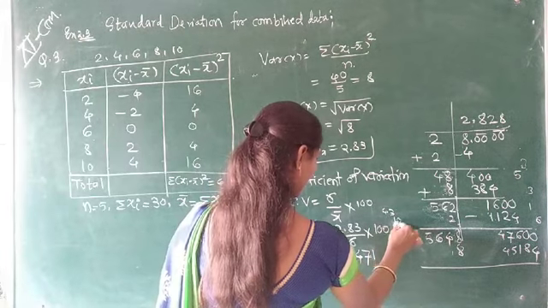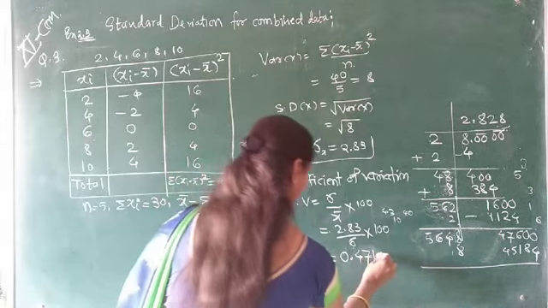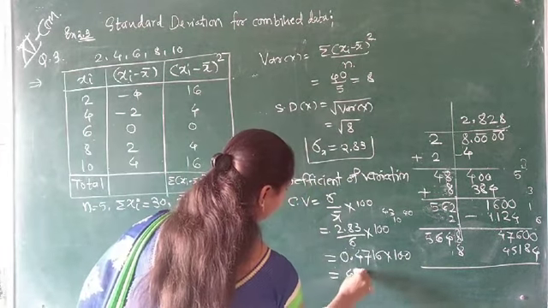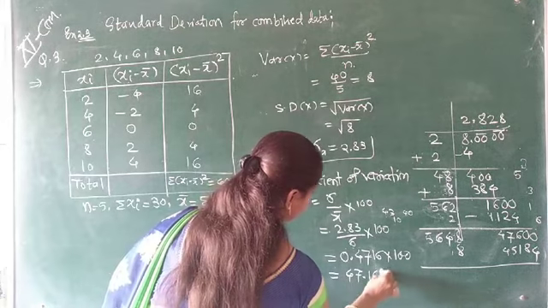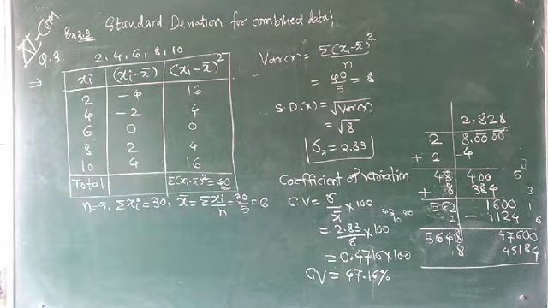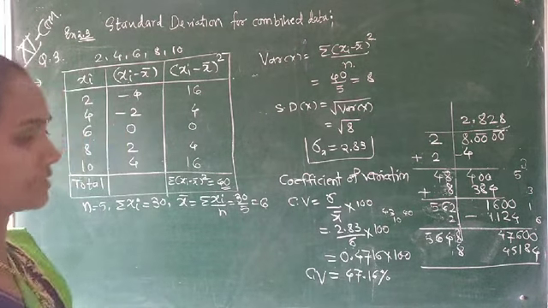And which is again 4. And take 0. 6 6s are 36 into 100. That means it is 47.16%. Therefore, CV for the set of observations is 47.16%.